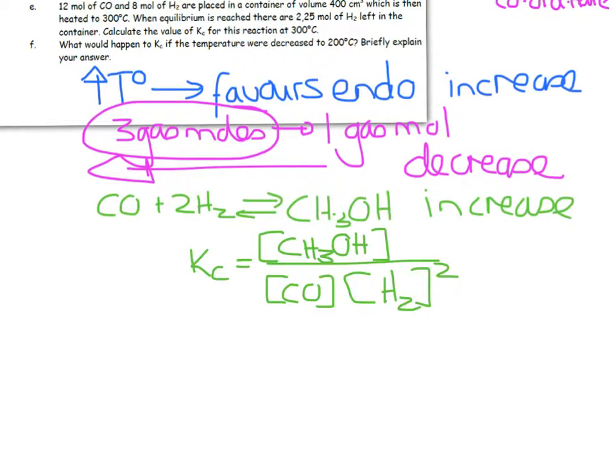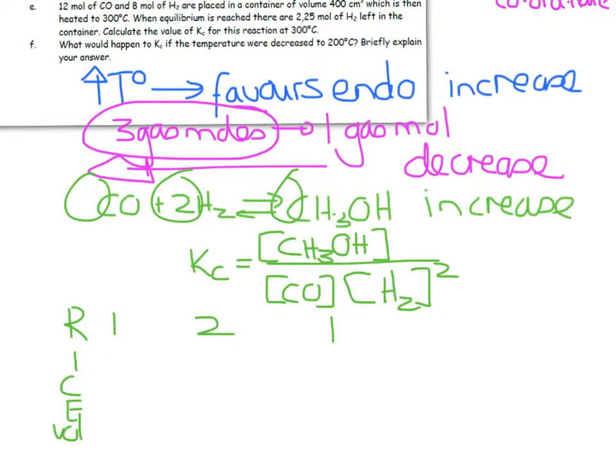I am then going to use my RICE table and my ratio, ICE, volume, and we are going to also have an equilibrium concentration, but 1 is to 2 is to 1 is the ratio.